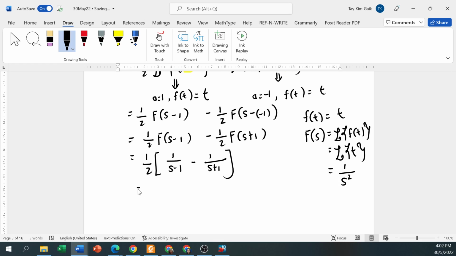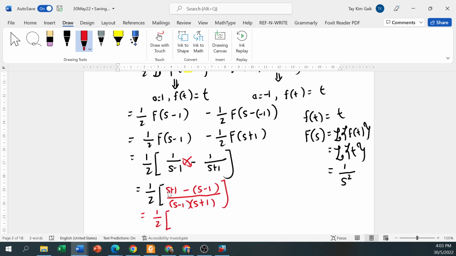Then you may simplify it. Cross multiplication: s plus 1 minus s minus 1, divided by s minus 1 times s plus 1. So s plus 1 minus s, no more s. 1 minus negative 1 is 2.